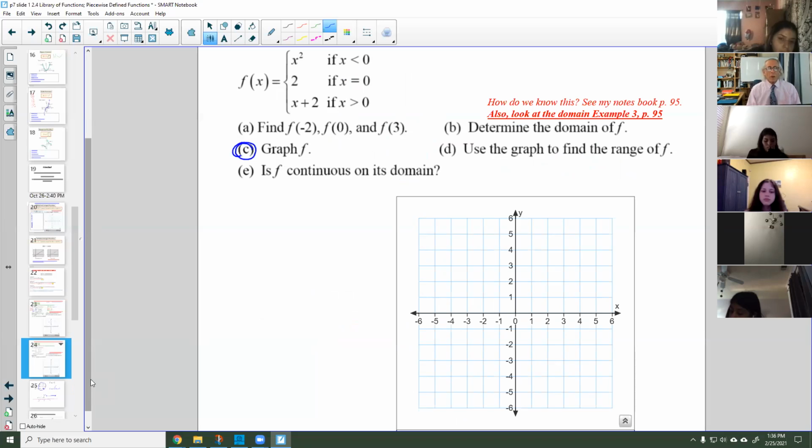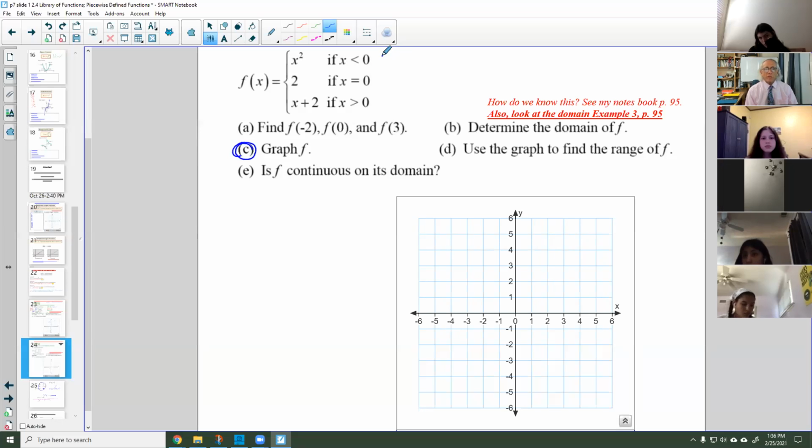So I have 3 pieces to this particular piecewise function. And just so that you know, it is convention, the mathematicians kind of agree that they like to start on the left-hand side, and then it goes to the right as you go down.